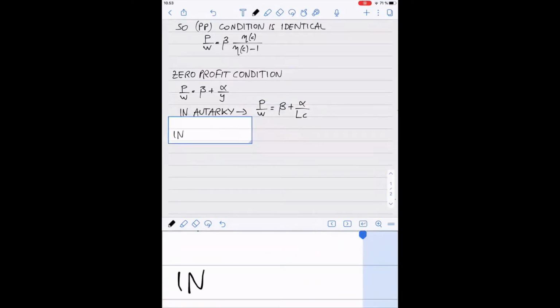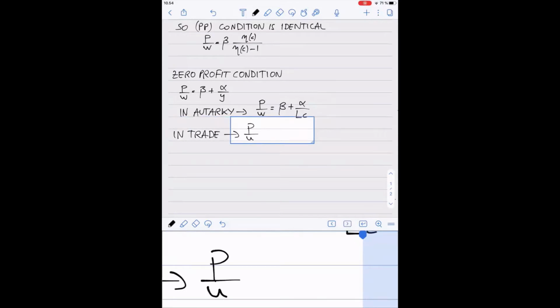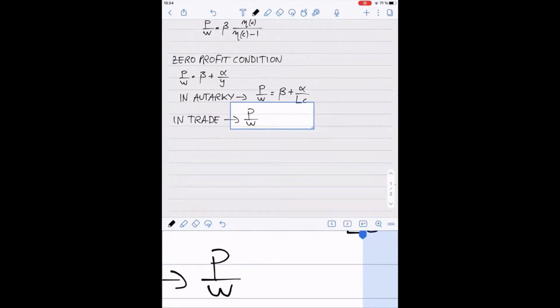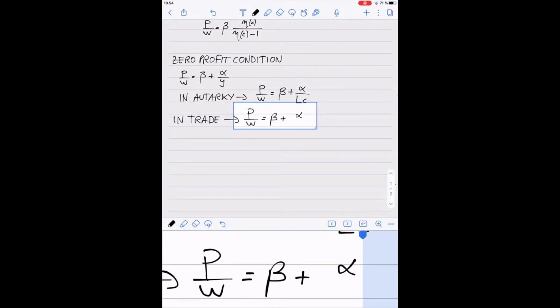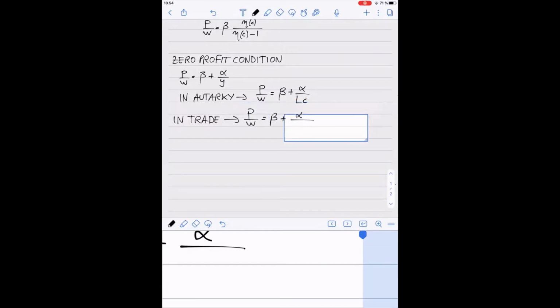In trade, the zero profit condition becomes P over W equals beta plus alpha over (L plus L star) C.